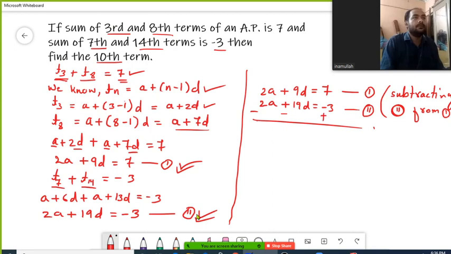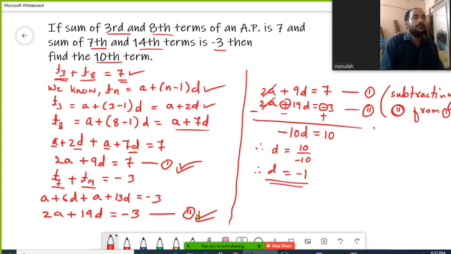This negative 3 will become positive 3. This positive 19 will become negative 19. And this positive 2 will become negative 2. So these two will become 0. We get minus 10D, and here I'll get 7 plus 3, that is 10. So this way we have D as 10 upon minus 10. So your D will be minus 1.